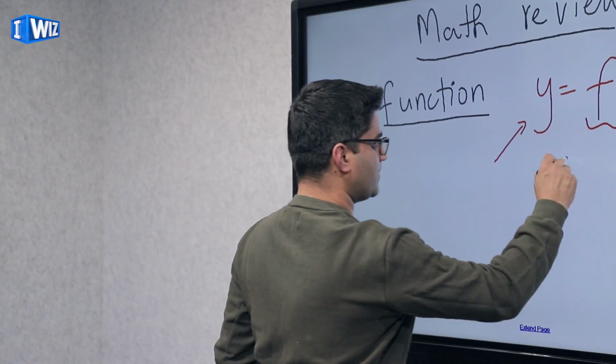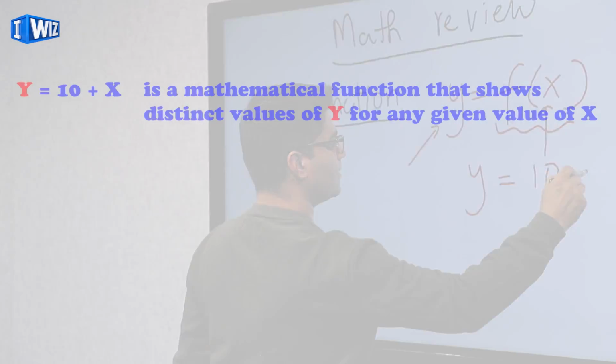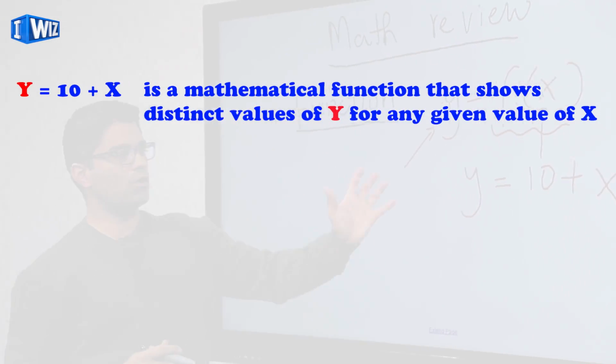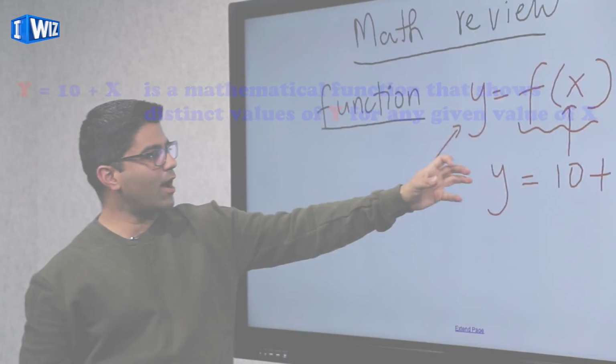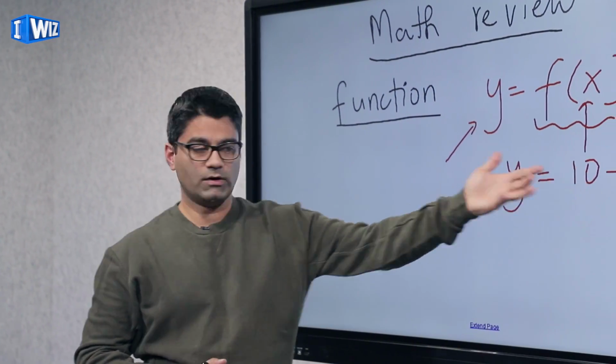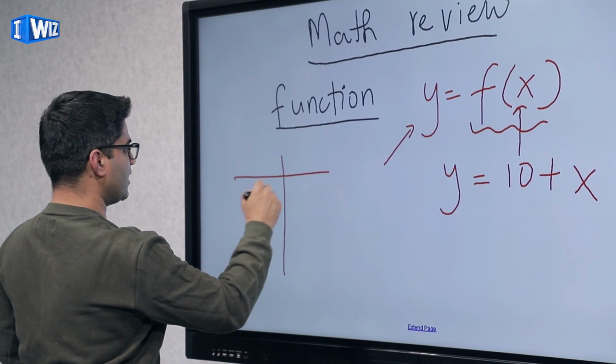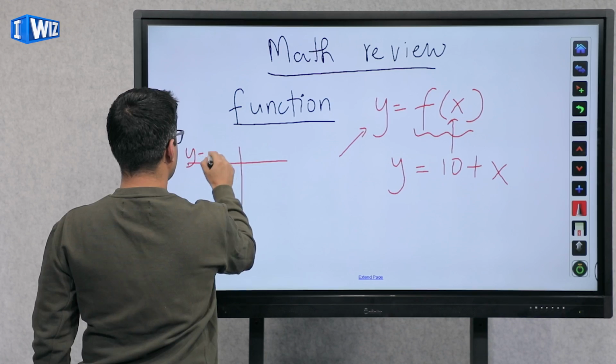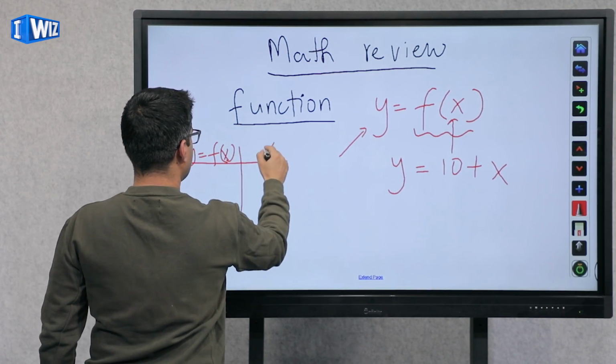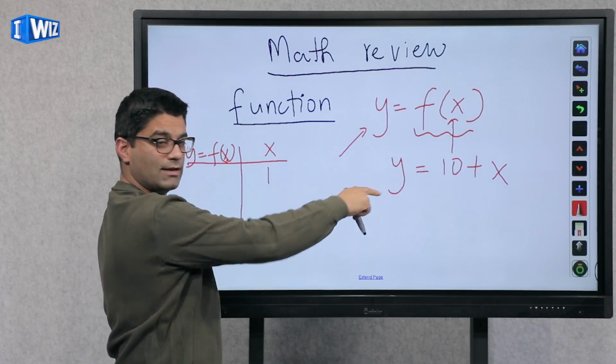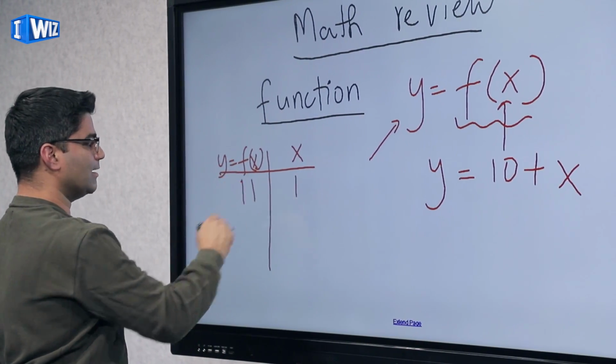For example, let me just make one up. If I say y equals 10 plus x, that is now a function that represents how y will change if x changes. So let's make a table, y, which is a function of x, and then x. If x is 1, looking at that, you know y is going to be 11.